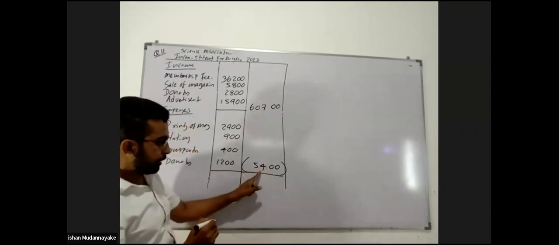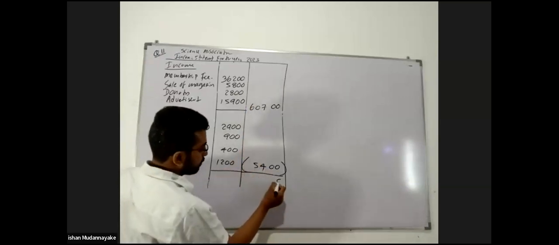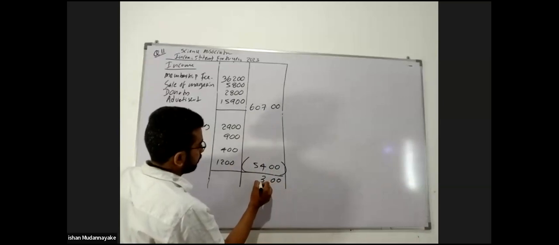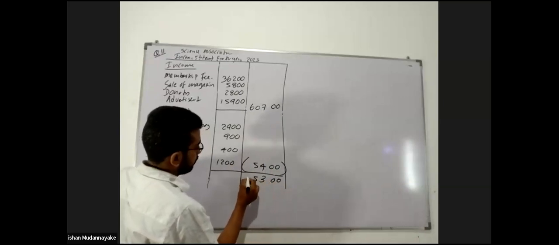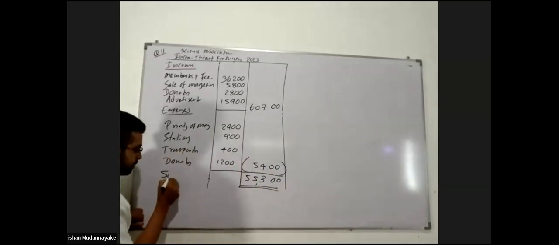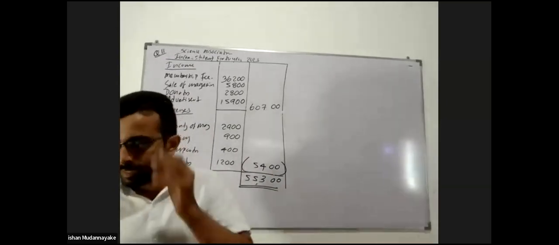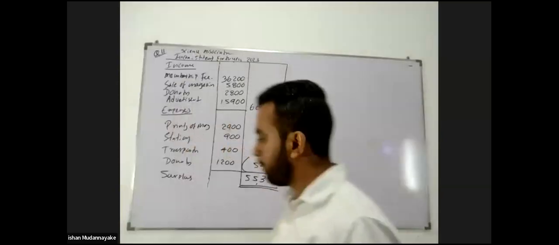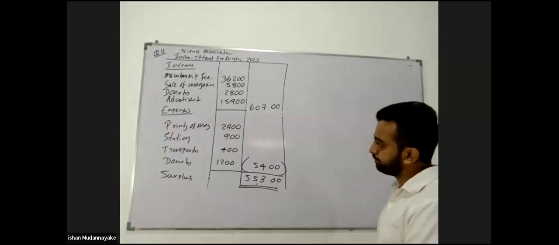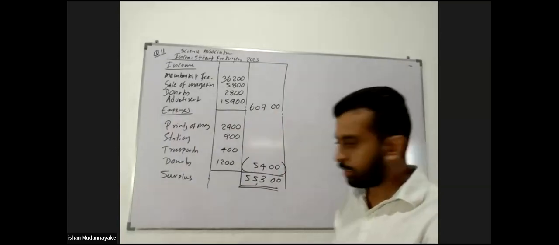Right then. Income minus expenses is 55,300. This is a surplus. Surplus 55,300.